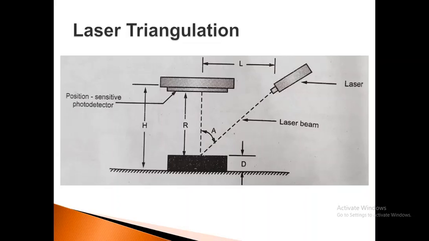If the measurement from the automatic inspection indicates the output of the process is beginning to drift towards the high side of the tolerance, corrections can be initiated in the input parameters to bring it back to the nominal value. That means this is a fully automatic inspection system.